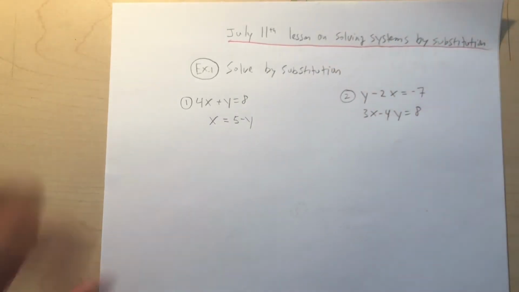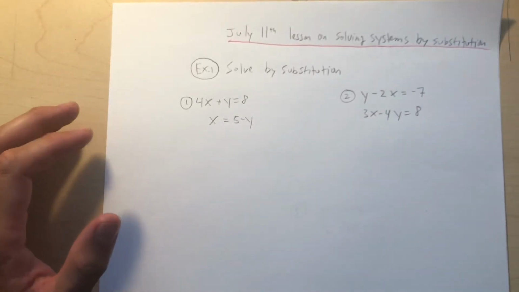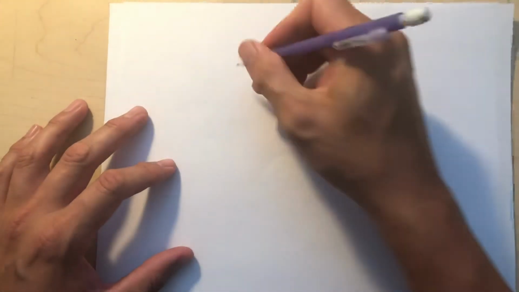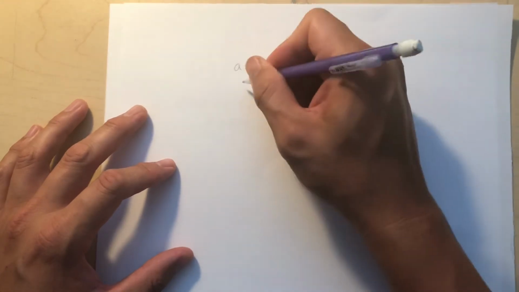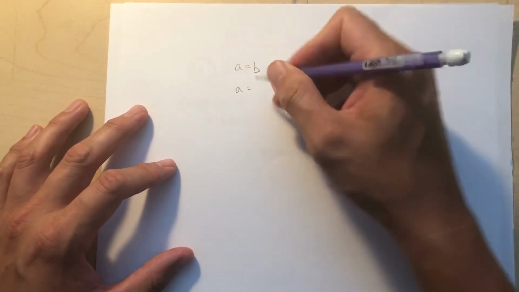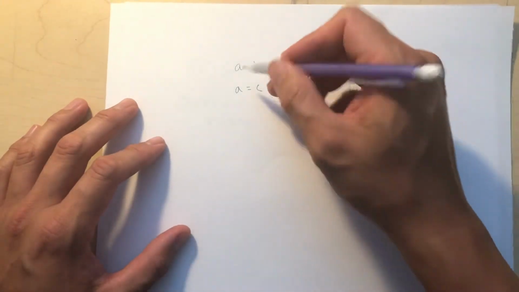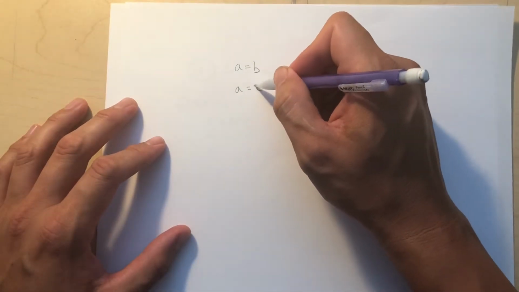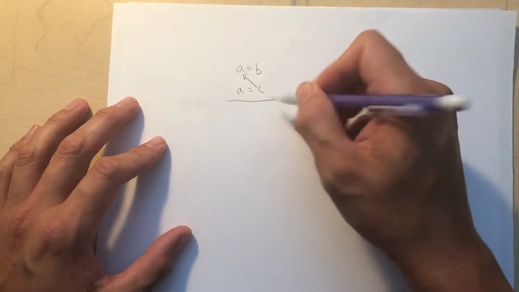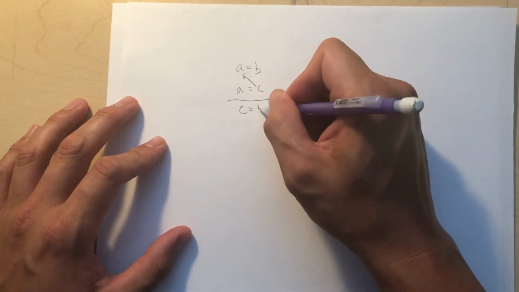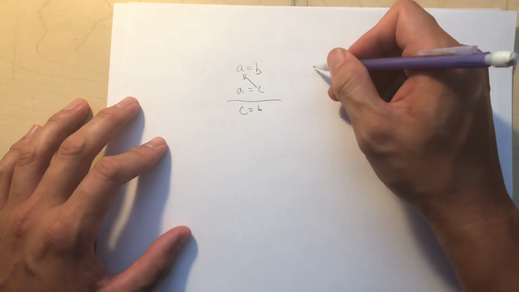All right, now substitution just means that if, for example, A is equal to B, and A is also equal to C, then why can't you just substitute this C in for this one? So you could say, oh, C is equal to B. Or here's an even trickier one.